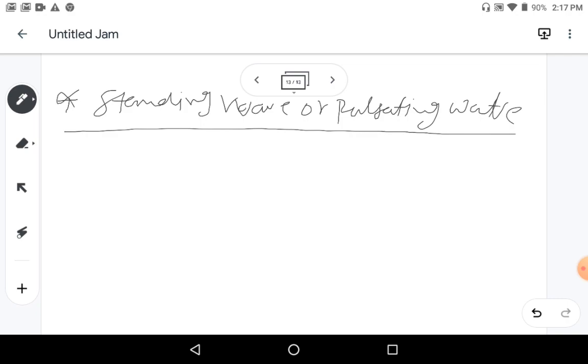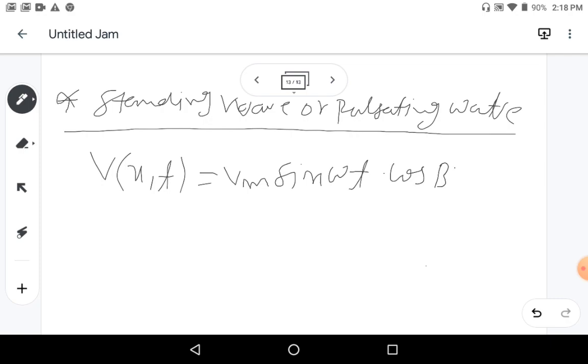If you take the equation v of x,t equals Vm sine of omega t into cos of beta x, at the instant t equals 0, v of x,t equals cos of beta x.